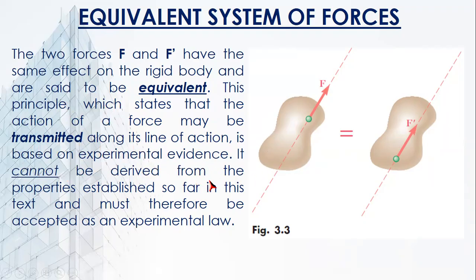So it cannot be derived from the properties established so far in this text and must therefore be accepted as an experimental law. So this is based on experimental evidence.